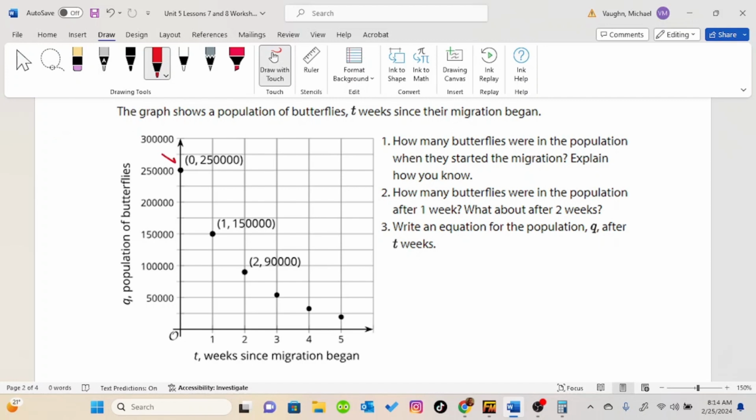So we're going to see that right here when time is 0 and the population is 250,000. So the y-intercept is 250,000 butterflies.